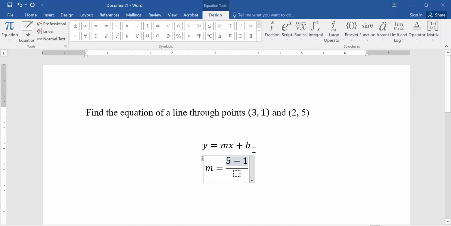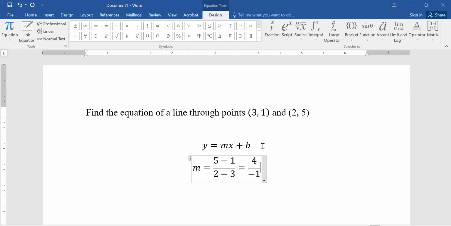So we go 5 minus 1. And then I divide that by the x value of the second point, which is 2, minus the x value of the first point, which is 3. Whatever that gives me is going to be my slope. In this case, I get 4 divided by -1.